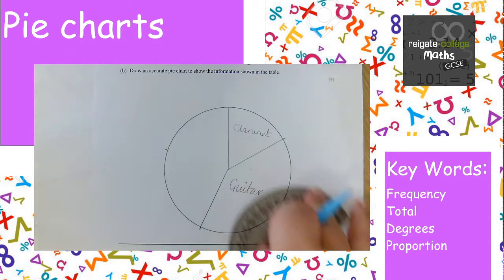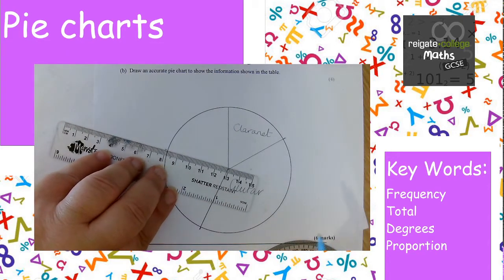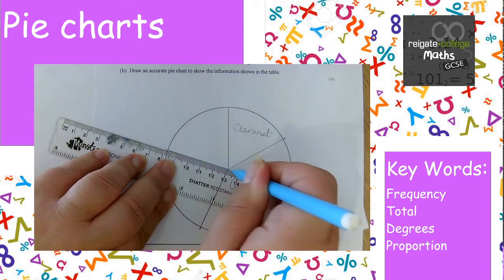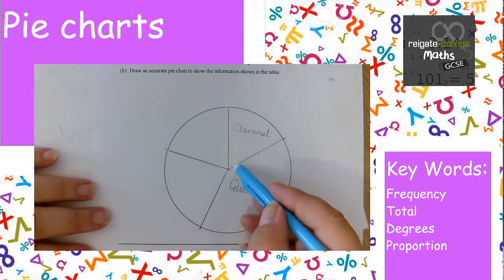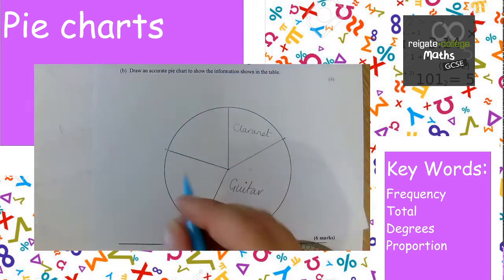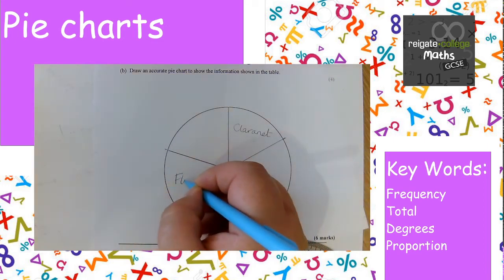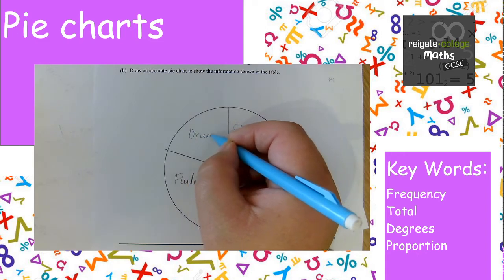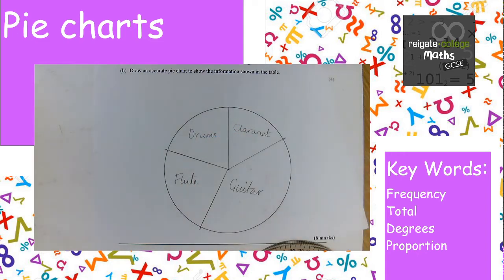Mark my angle, remove my protractor and draw my line. Now, if it's the very last two sectors you're drawing, I will have both my flute and my drums drawn. You always get the last one drawn automatically. There is my completed pie chart.